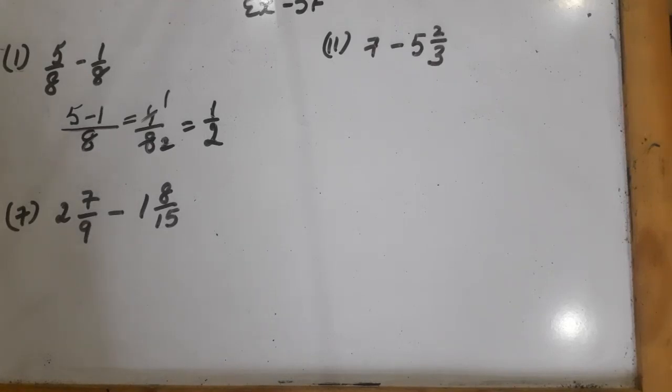Okay, now look at the 7th question. This is a mixed fraction. So first of all, I'll convert this into an improper fraction. 9 twos are 18 and 7 is 25 upon 9.